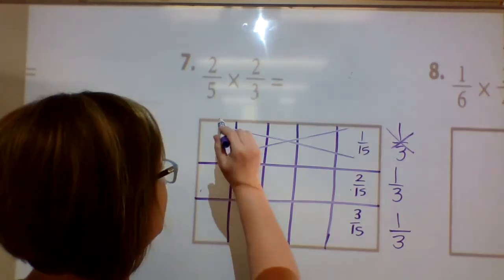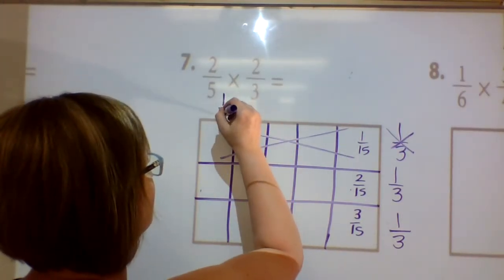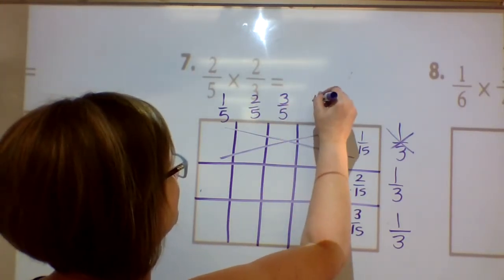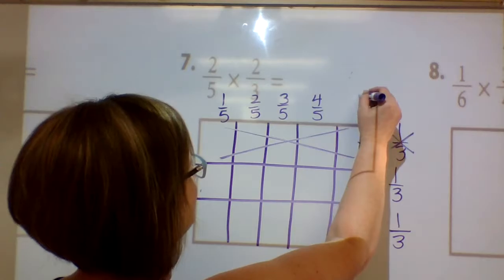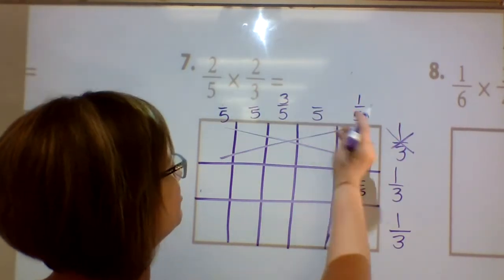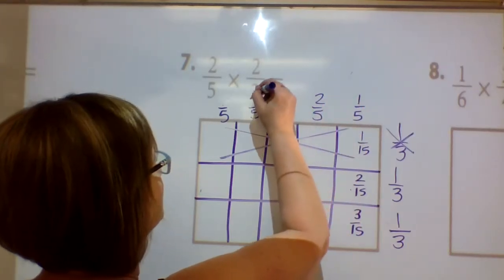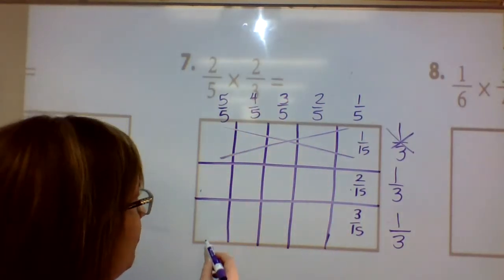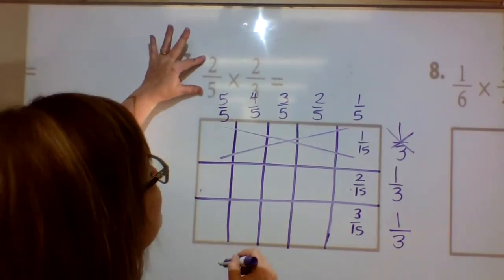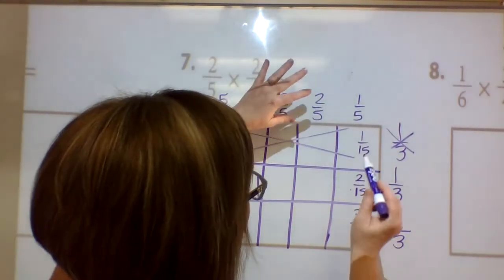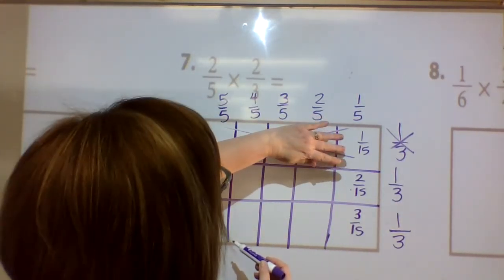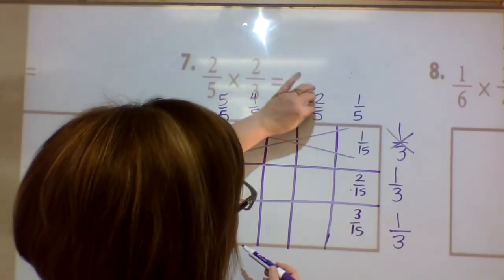Okay, when we did our fifths, this was 1/5, 2/5, 3/5, 4/5, and I did this backwards because we started doing these instead. So let me go this way. Okay, 1/5, 2/5, 3/5, 4/5, 5/5. So we want 2/5 that were part of our 2/3. Okay, so 2/5, that's these two.